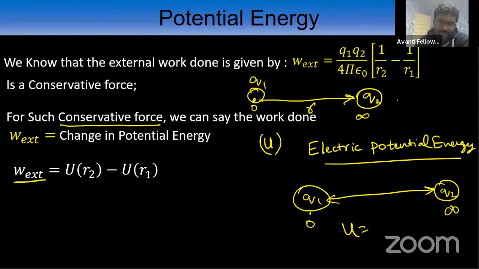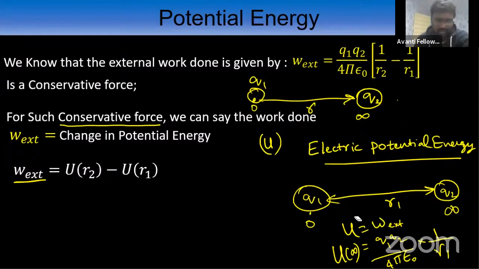So if I take this W external, U is equal to W external, then that is nothing but, I'll multiply these two, q1 q2 by 4 pi epsilon naught into 1 by r1. So if my distance r1 is infinite, then what is my potential energy at infinity? Yes, correct Hari Prasad. Hope now you guys got that.